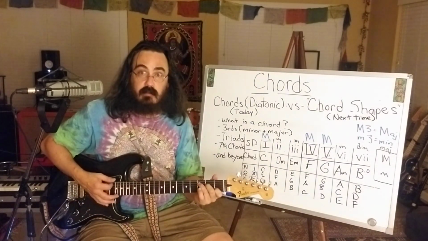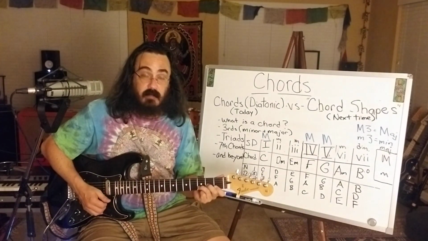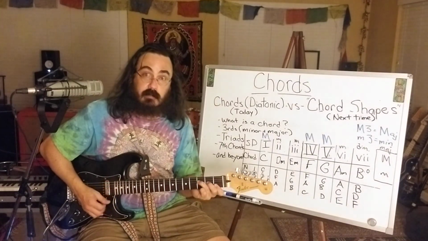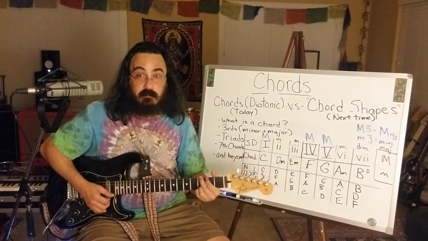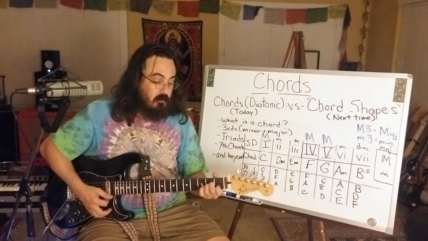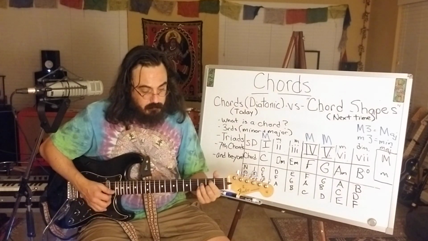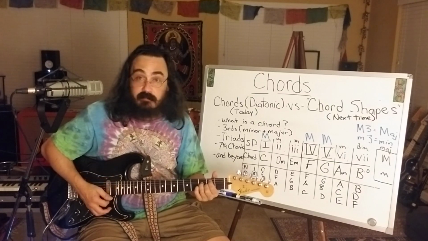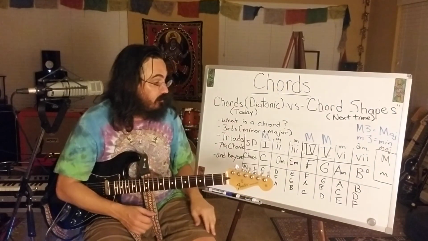So all together, C major, D minor, E minor, F major, G major with my little D there, A minor, and well, this is a B minor 7 flat 5, but it's a type of diminished chord, and we'll talk about that one later down the line too.